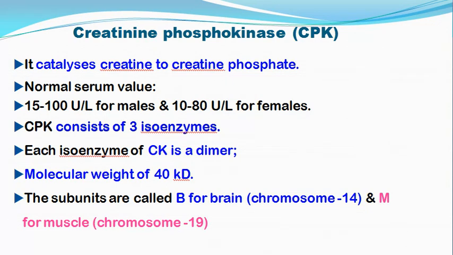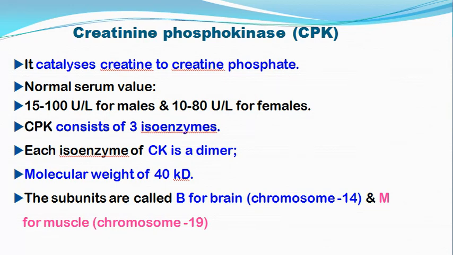So here the second enzyme is creatine phosphokinase, and we can write it as CPK. It catalyzes creatine to creatine phosphate, and the normal serum value is 15 to 100 units per liter for males and 10 to 18 units per liter for females.